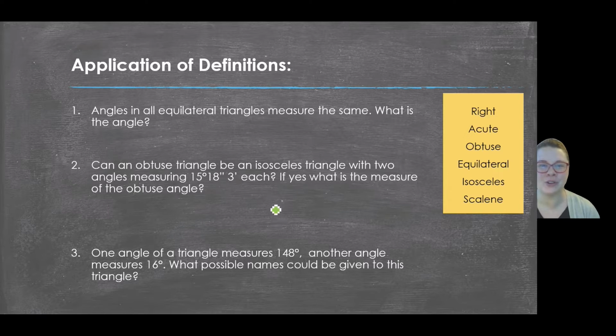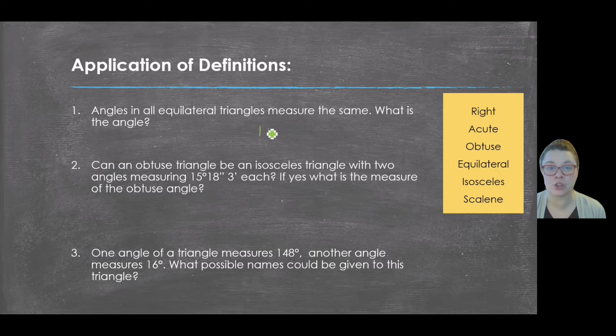All right, so the very first question says, angles in all equilateral triangles measure the same. What is the angle? It doesn't matter what equilateral triangle you have, all of them will have the same size. We learned before that all angles in a triangle add to 180 degrees.